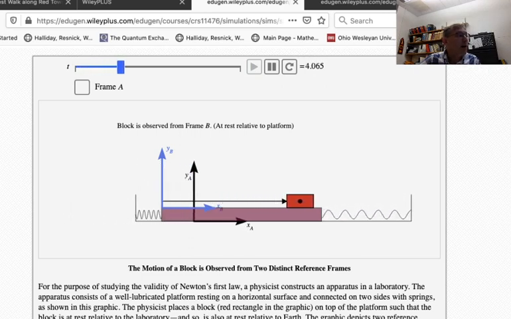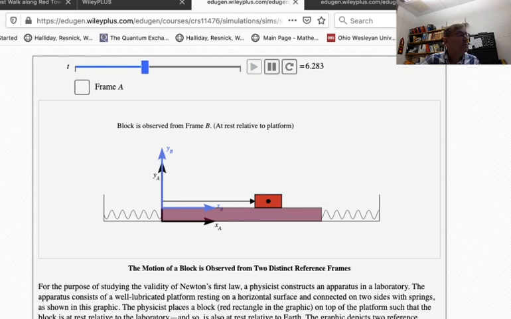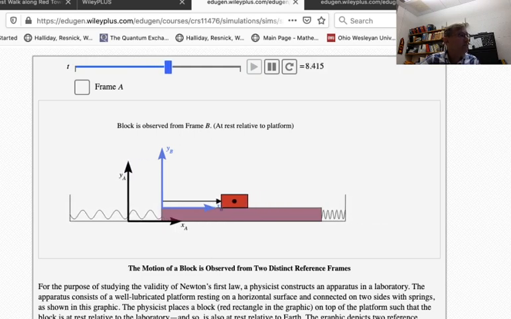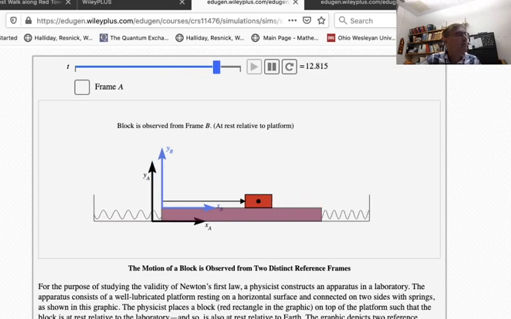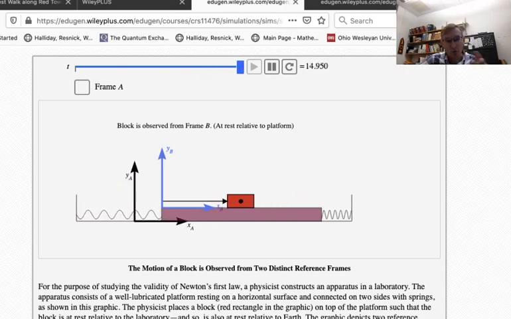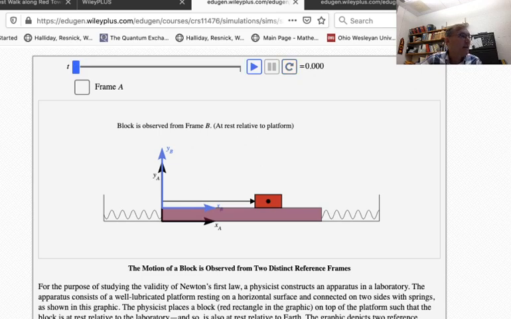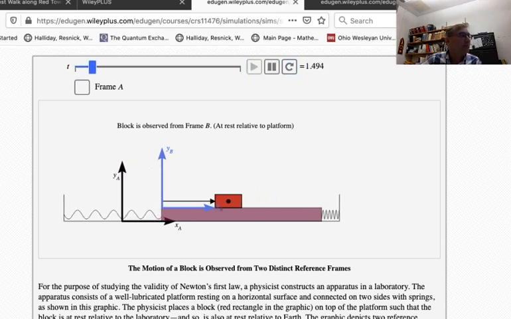We see the red block going alternately towards us and away from us, and we see the right and left walls going alternately towards and away from us, and we see reference frame A moving toward and away from us. Everything is oscillating when observed from frame B, especially, let's run it again, the red block.